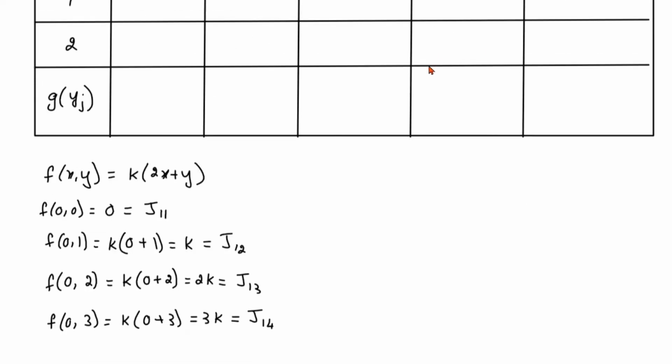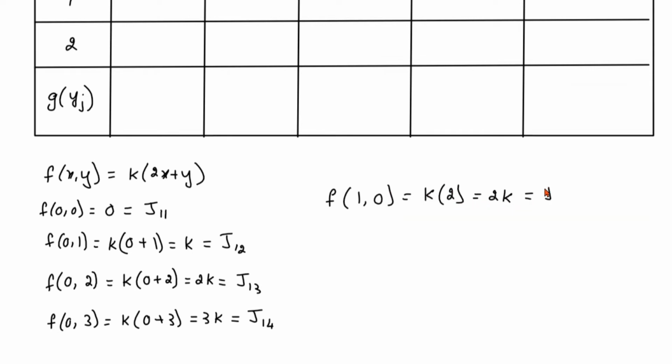Let us move on to the second row. Second row value: it is f of x value 1 and the first value of y, 0. So f of 1 comma 0 equals k times 2, which is 2 times k.